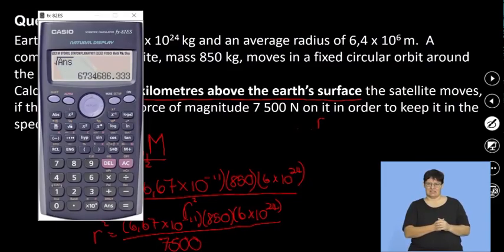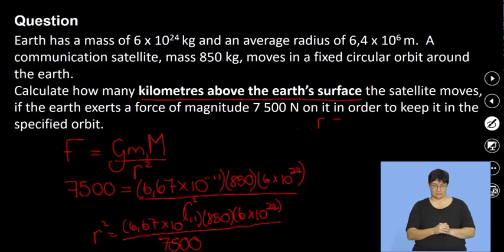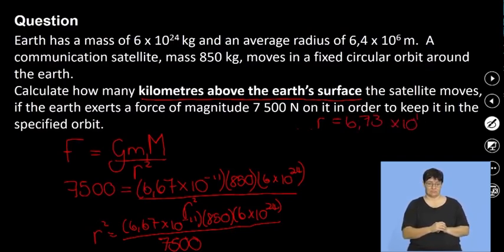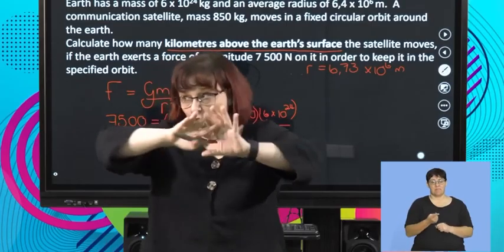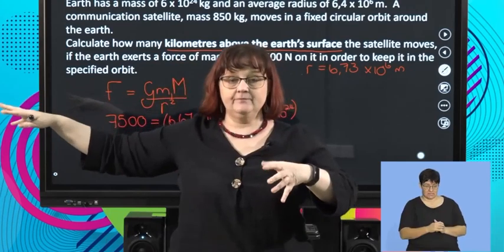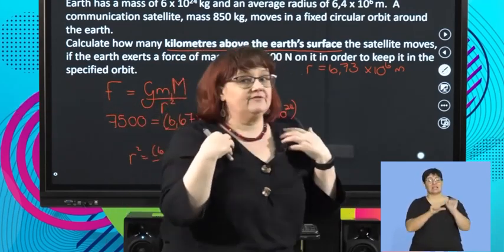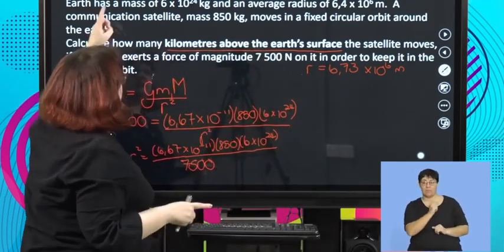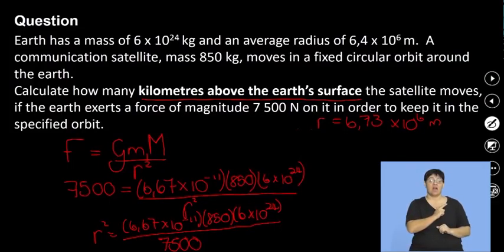So it's 6.73 times 10 to the 6. You absolutely can keep the whole number if you want. I'm changing it to scientific notation because they tell me the radius of the Earth in scientific notation. It just makes it easier.